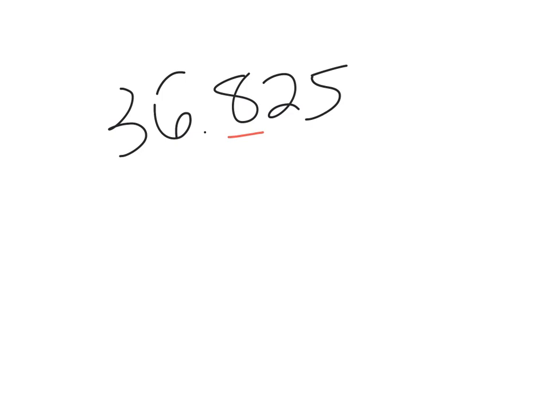So what happens when we're rounding? Remember, everything in front of that place value stays the same, including the decimal as well. Everything after that, in our case the 2 and the 5, is being dropped off, because they're technically becoming zeros, and zeros at the trailing end of a decimal can be dropped. That 8, one of two things is happening: it's either going to stay an 8 or become a 9, and that is based on the number right next to it.